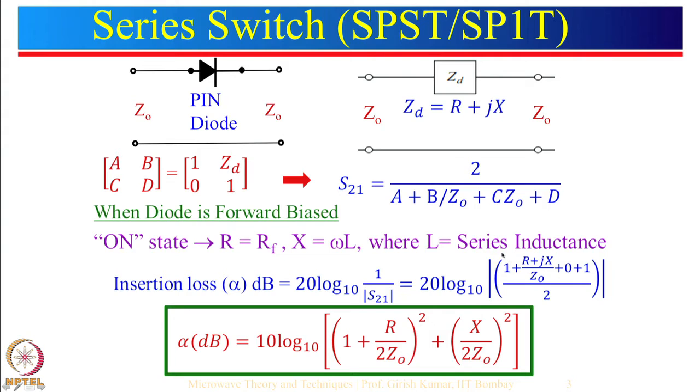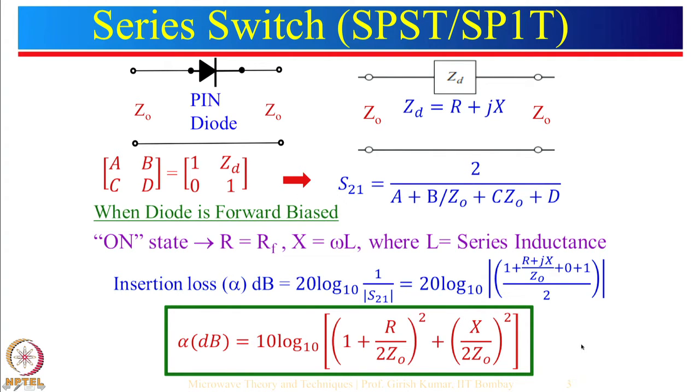In reality the magnitude will have a square root, but that square root means there will be a half term here. That half has been taken to this side, so that becomes 10. So this is 10 log of this particular expression. For given values of R equal to RF and X equal to omega L, you can find out the insertion loss of this switch.